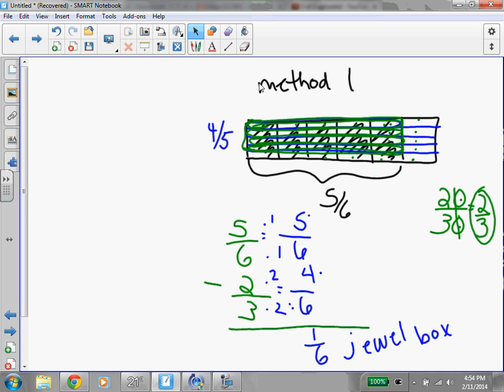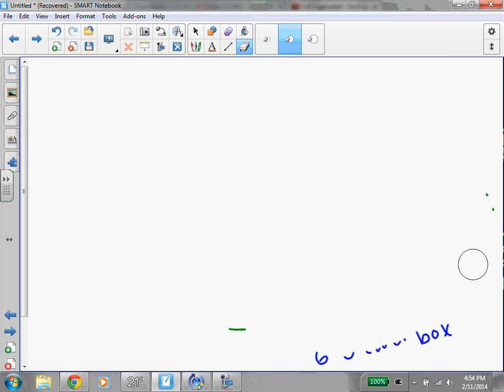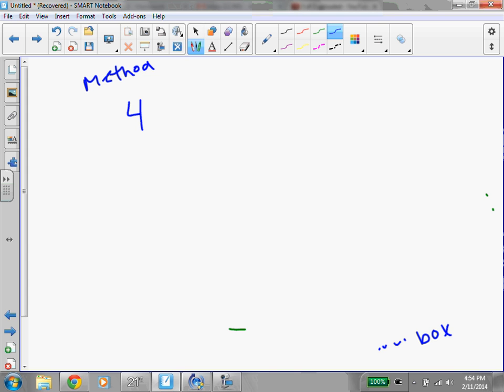Now, to solve it using method 2, very similar, except you don't have to draw the diagram here. This is method 2. So you have 4/5 of the 5/6.